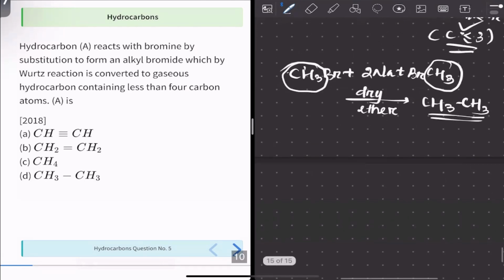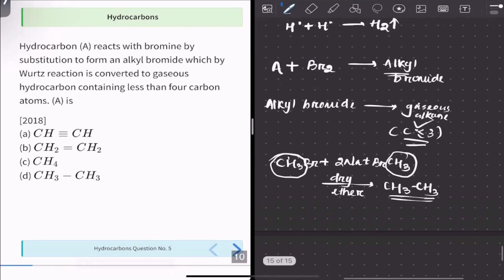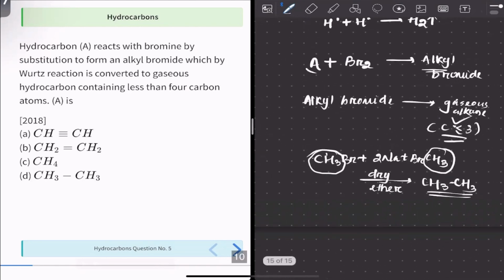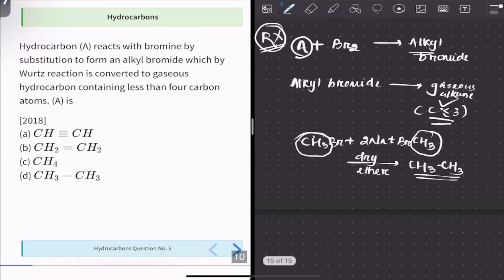Okay, fine. So in this question, it is given, what is the A? A can be RX, an alkyl bromide. So which alkyl bromide is possible for this reaction? Because A will be an alkane.